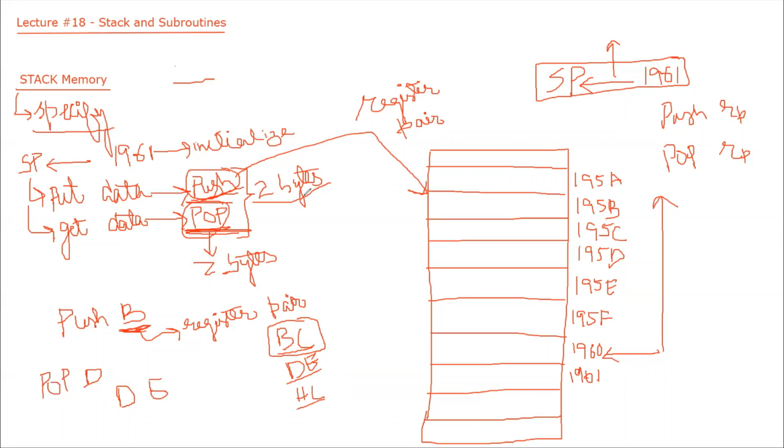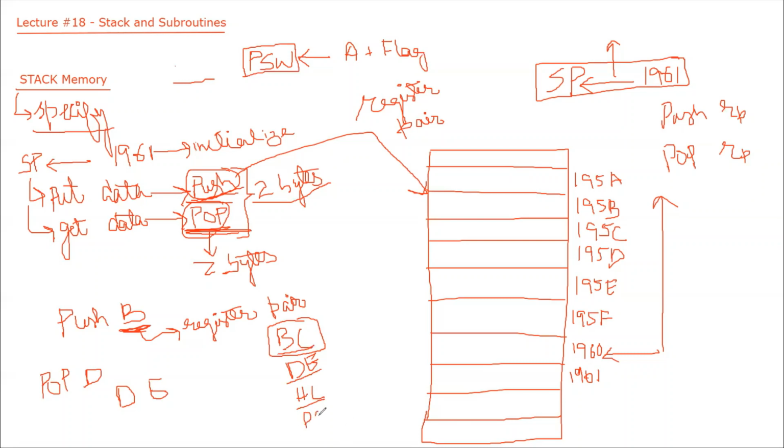There is another register pair which is given a special name, PSW. PSW is a program status word, and whenever I am writing PSW in my program, it means accumulator register plus flag register. Accumulator register and flag register together is named as PSW, program status word.